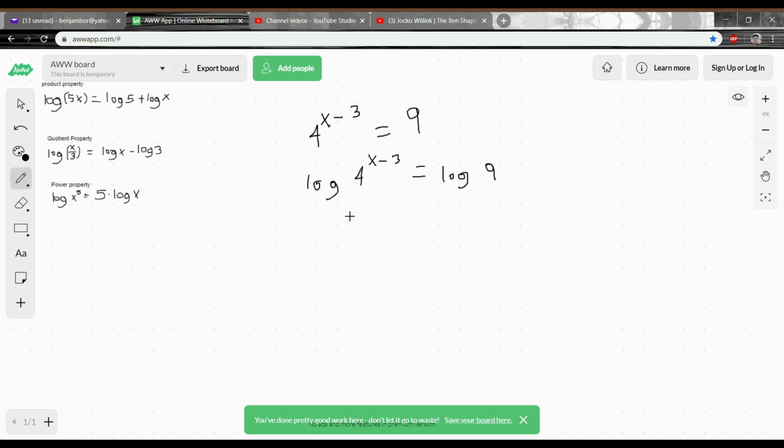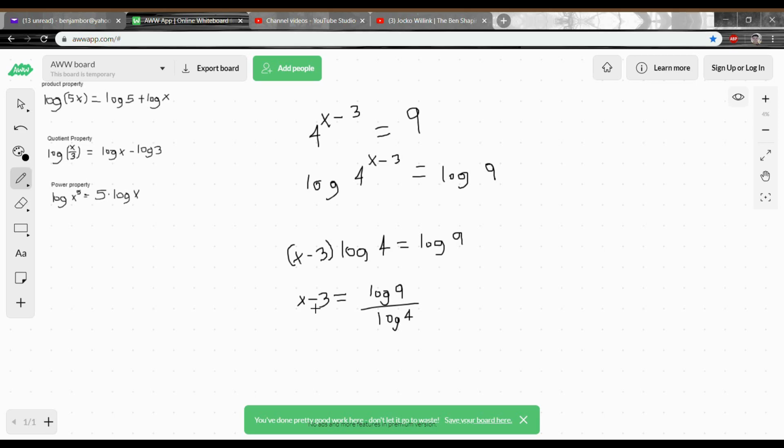Now we can use our power property to bring this polynomial at the top to the front as a factor, multiplying it by the logarithm of 4, and that's going to be equal to the logarithm of 9. And now, since the logarithm of 4 is just a number, we can divide both sides of the equation by it. And that's going to give us that x minus 3 is equal to the logarithm of 9 divided by the logarithm of 4.